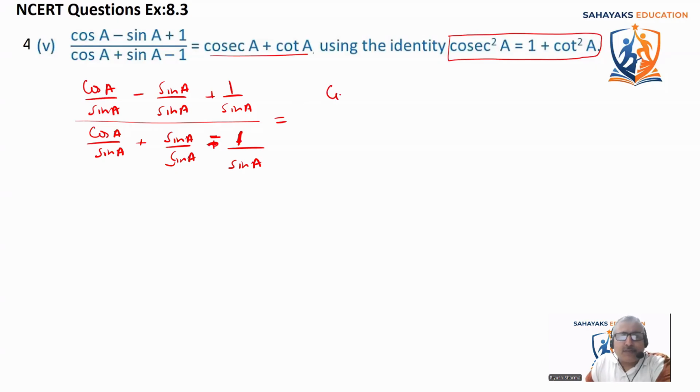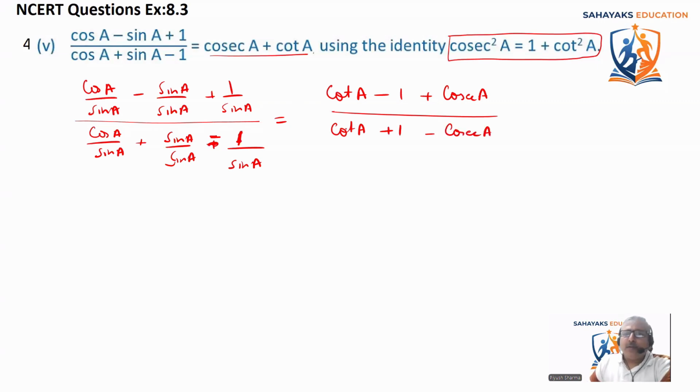Okay, so what does it give? It gives cot A minus 1 plus cosec A divided by cot A plus 1 minus cosec A. Okay, now we have to bring this identity.